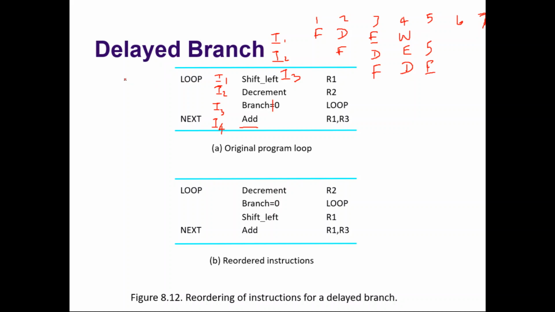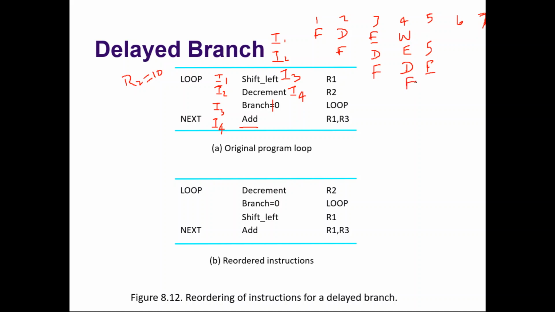If R2 is equal to 10, what happens? 10 to 1, 10 times the loop will be taken. Only when it is 0, the last time the loop will not be taken. But every time, I4 will be fetched. What is I4? Add instruction.